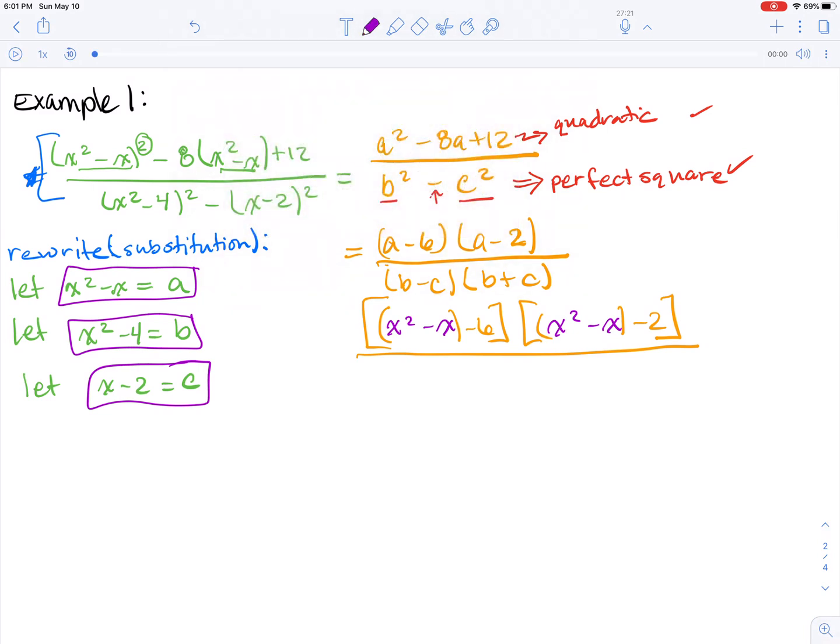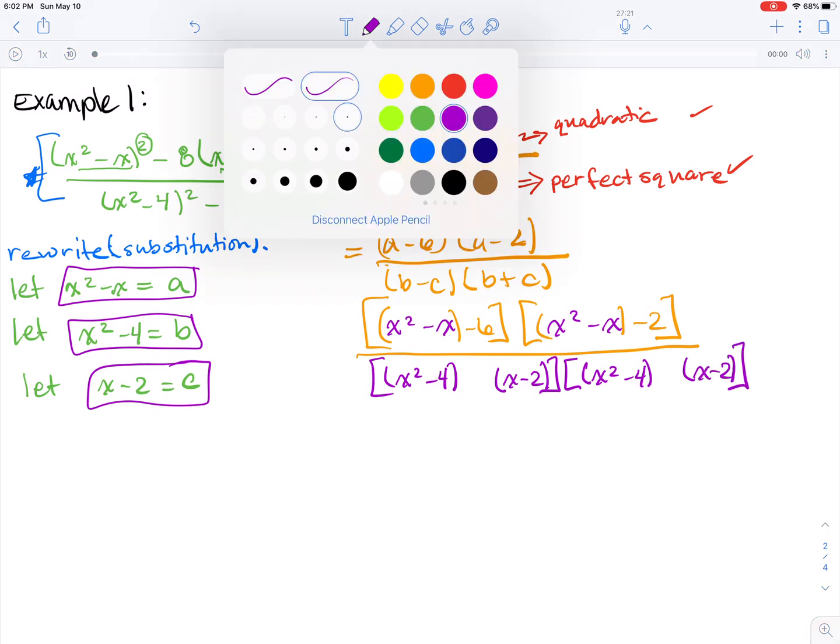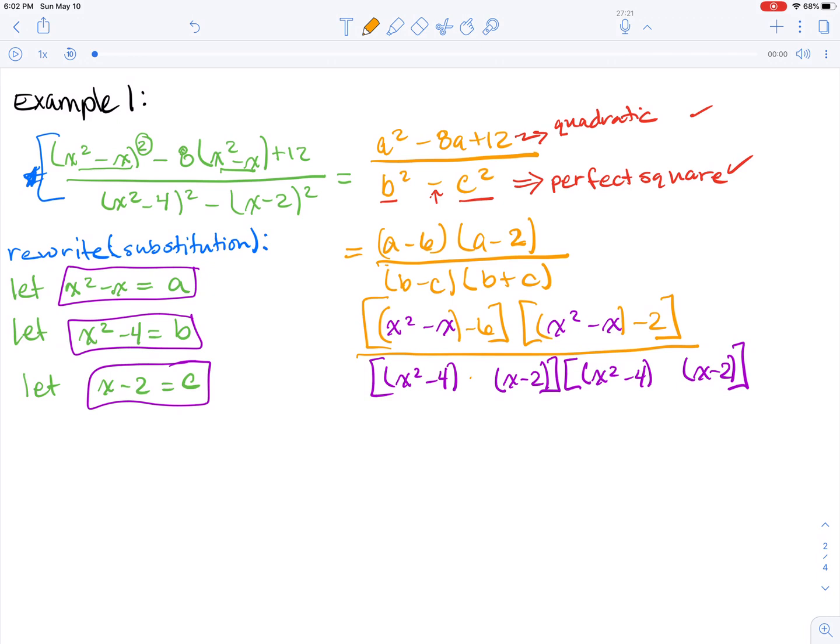And then on the bottom we have x squared minus 4 minus x minus 2, and then x squared minus 4 plus x minus 2. I just wrote it out like that to make it simpler for you to see the logic of where I'm going.